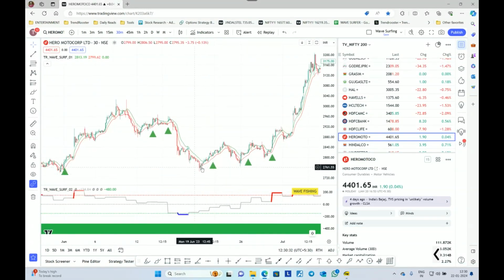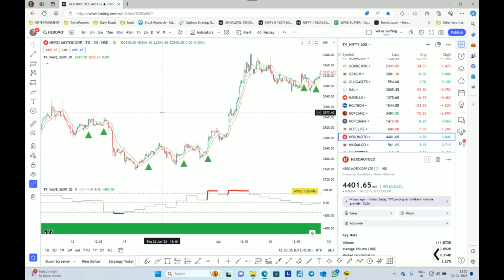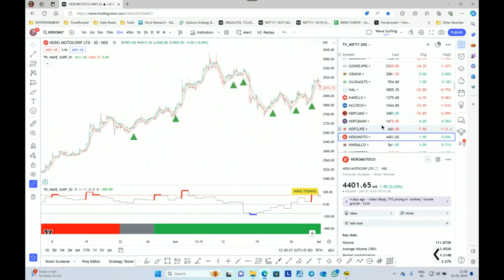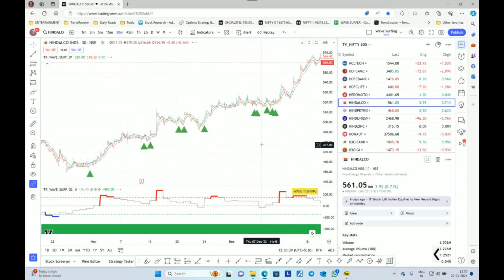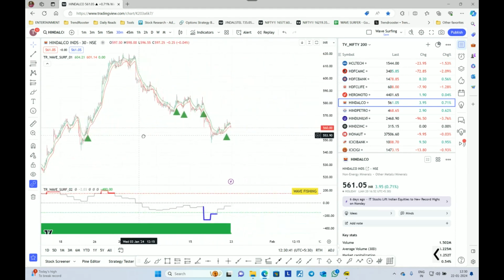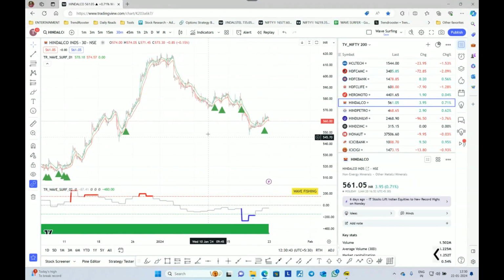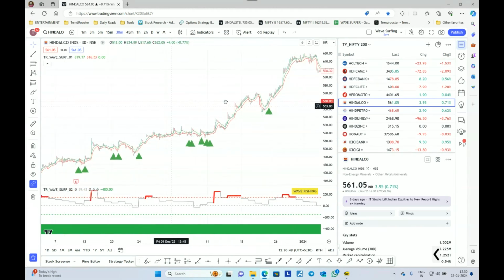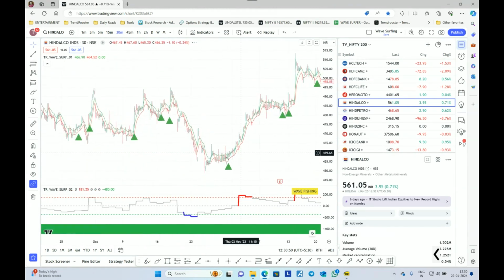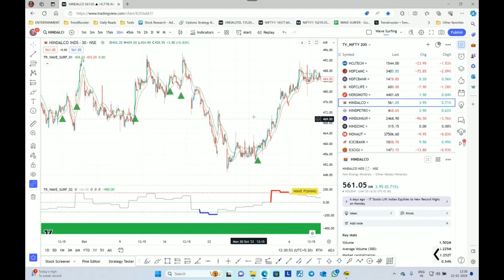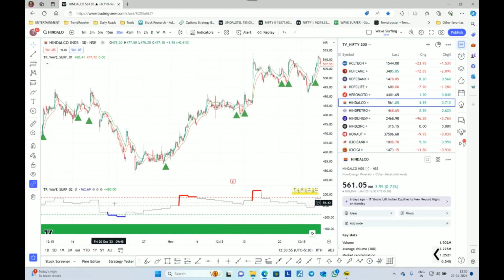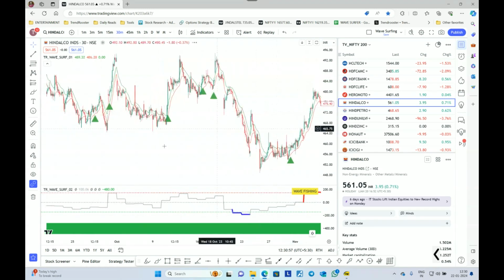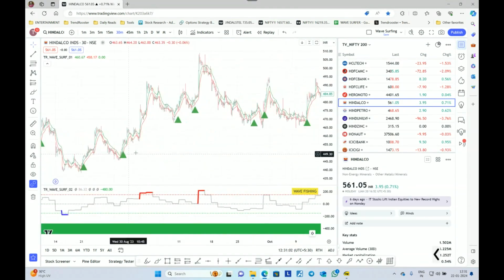In this case, A1 itself worked 1:3, 1:4 and more. Let's go back and look at some other chart. Actually, Hindalco is forming A1, already formed, running down. This is an A1 and it worked amazingly, right? You see that A1. So looking for A2.